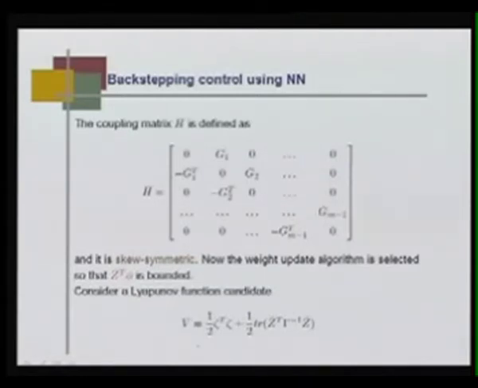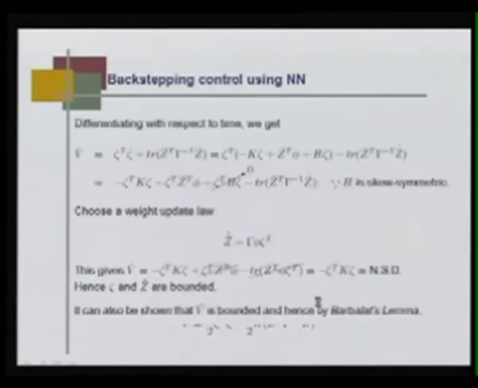So, let us take a Lyapunov function for this to be this, and if I find the differential V dot, you finally get this quantity. If you further elaborate, you see that due to skew symmetry, this quantity becomes 0, and if I assume Z hat dot is this quantity, and Z is actually the weight vectors, so if the weight update law is taken by this, then this quantity and this quantity are the same.